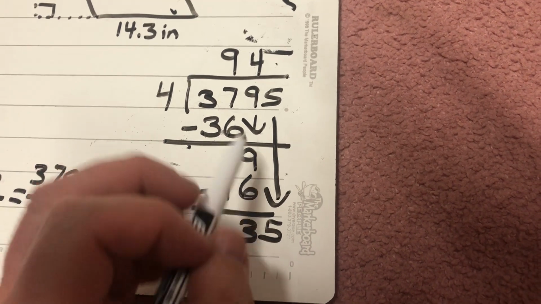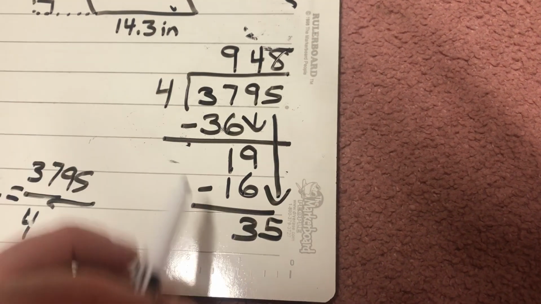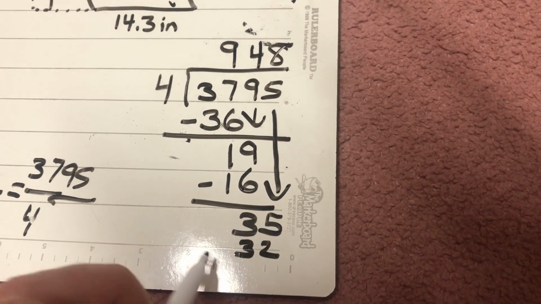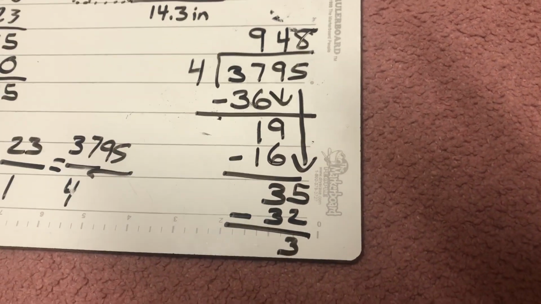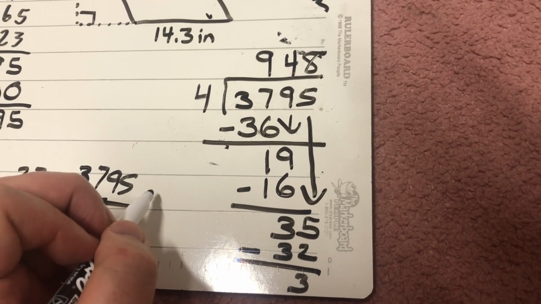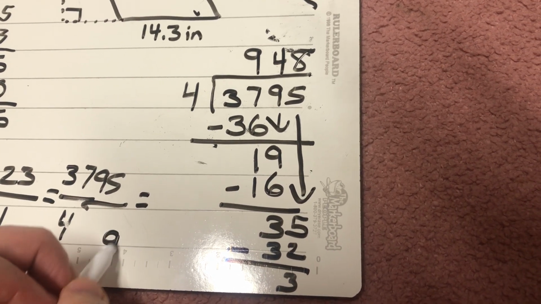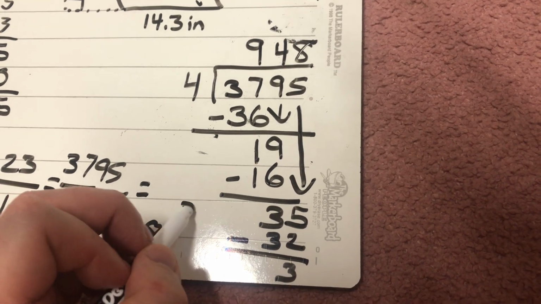I believe that 4 can go into 35 8 times, and 8 times 4 is 32, and 35 minus 32 is 3. So I find that 4 can go into 3,795 948 times, and there are 3 left over.